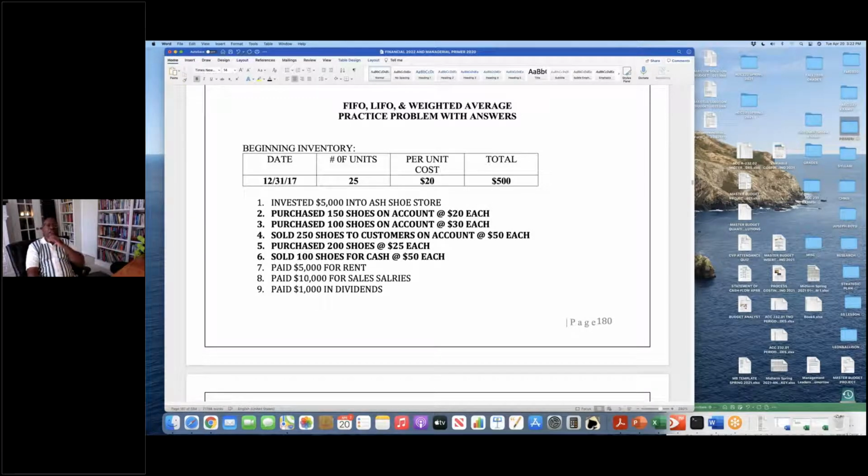No, because I'm not concerned about that yet. Pay rent, pay salaries, pay dividends. I'm assuming y'all can handle that. I'm not going to have it on the quiz on Thursday. So what type is one?